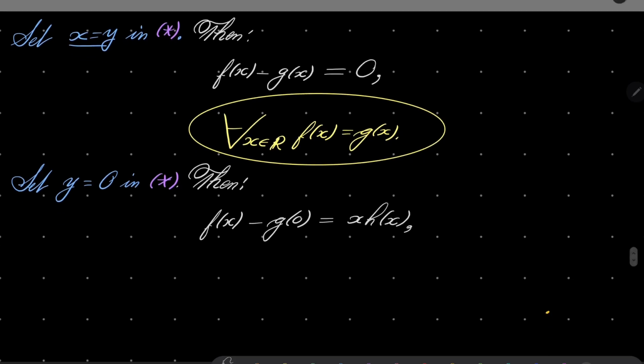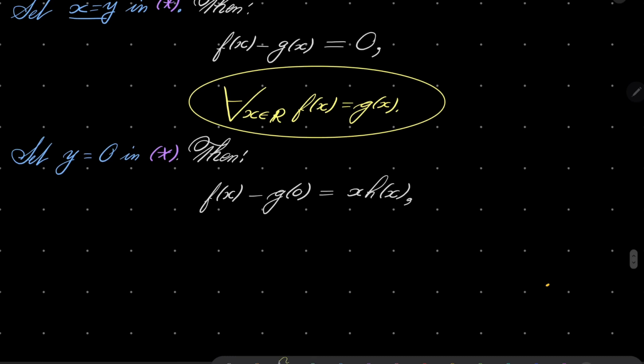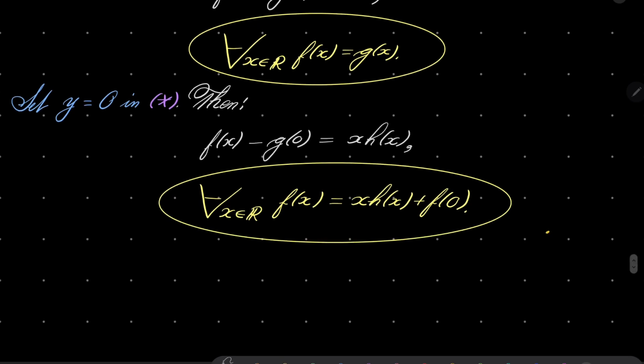All right, but remember that g of 0 is the same as f of 0, which means that for every real number x, f of x is x h of x plus f of 0. Let's also remember that.